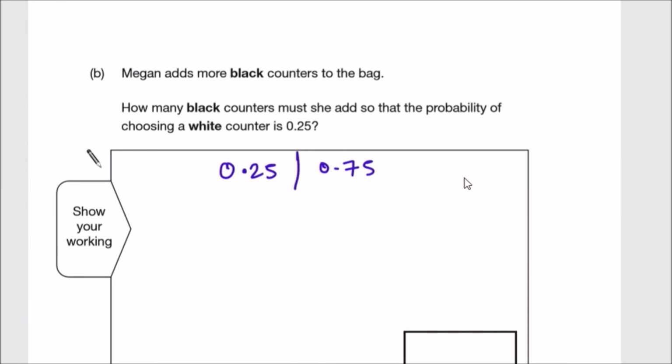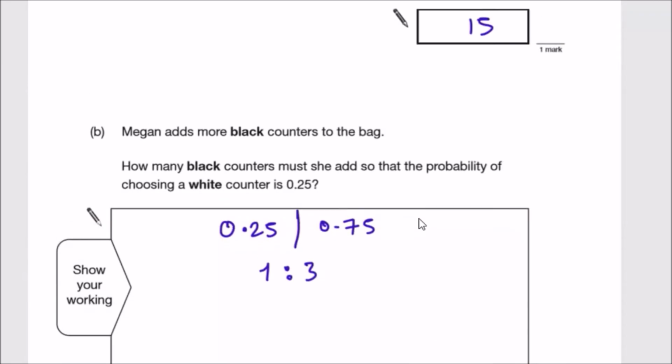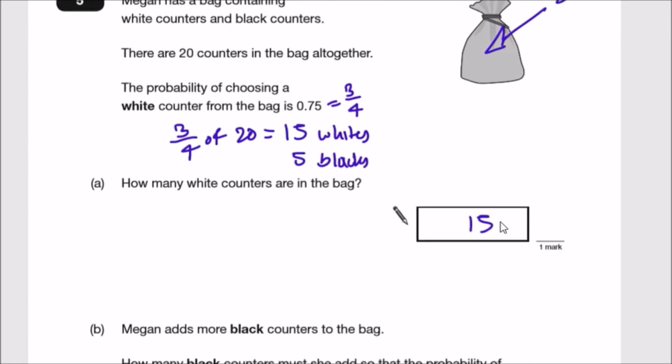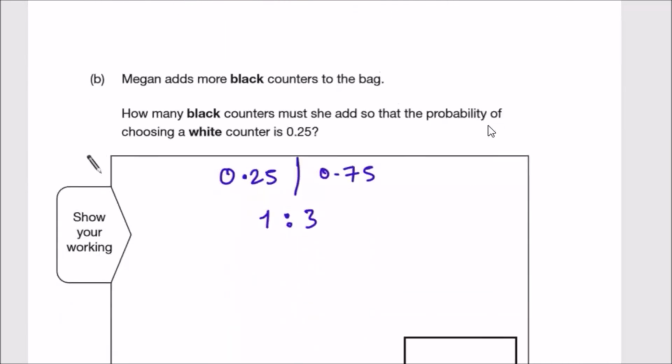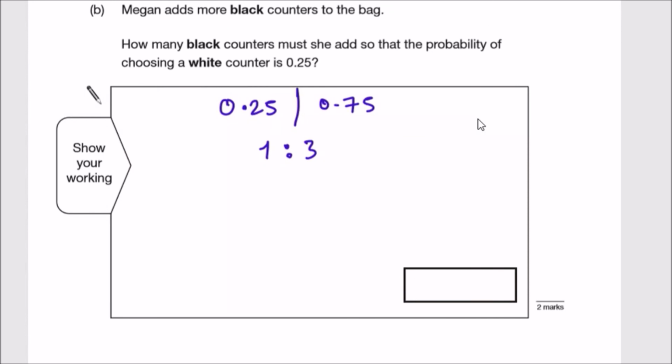You can see this as a ratio of 1 to 3. So Megan needs to have 3 times as many blacks as whites. Because there were 15 whites in the bag, she will need 3 times 15, which gives us 45 blacks.